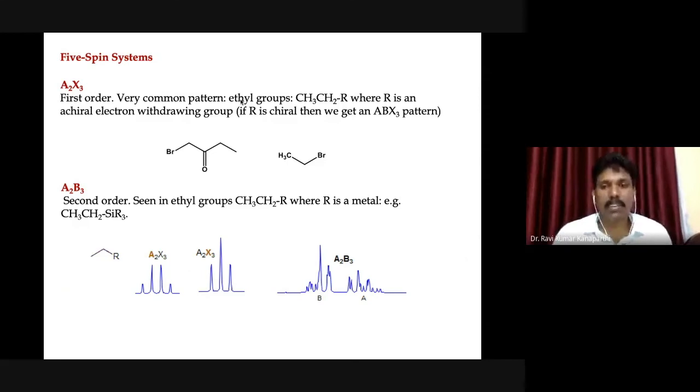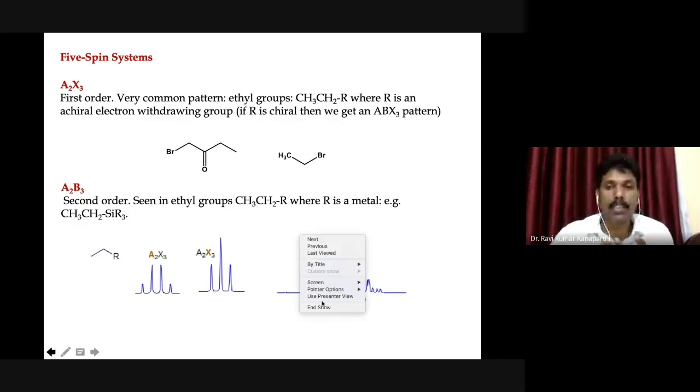Such a system requires much more attention to interpret, and you can think of recording the same spectrum in a higher field NMR spectrometer, which will help us resolve the peaks.